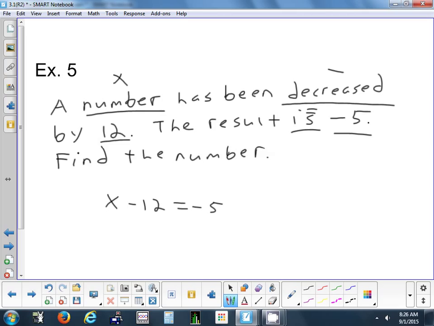So how do we get x by itself? How about Brian? Can you tell me what do we got to do to move this negative 12 to the other side? Think of what Mr. Roy said. What is this 12? Positive or negative?